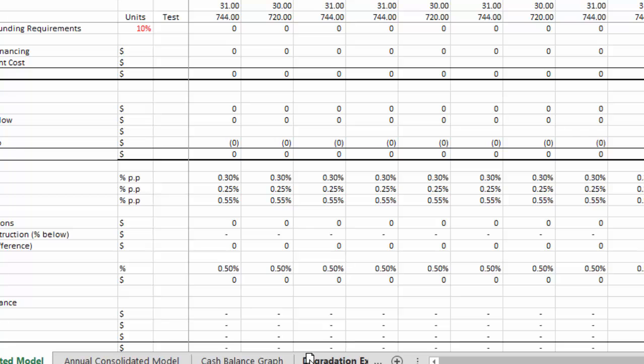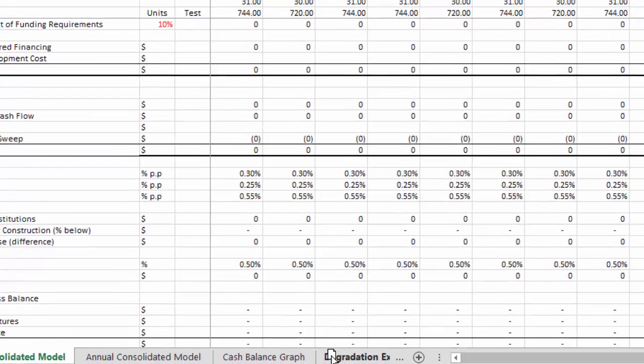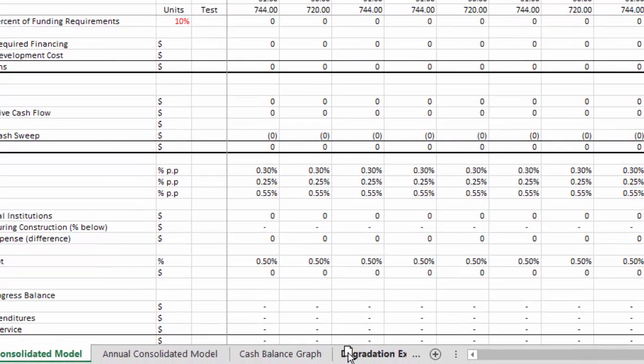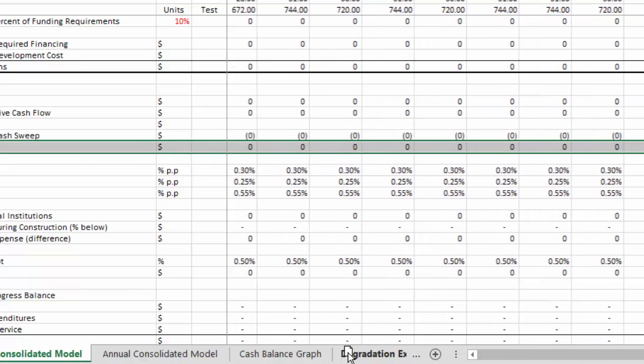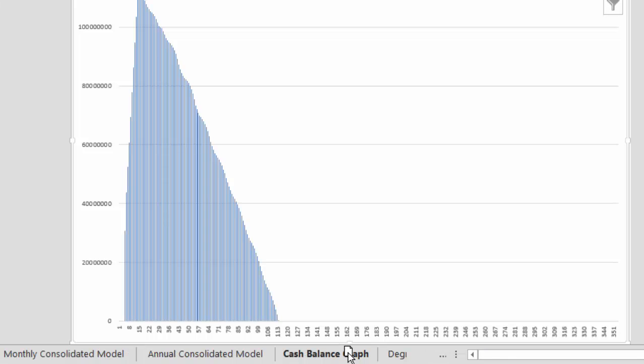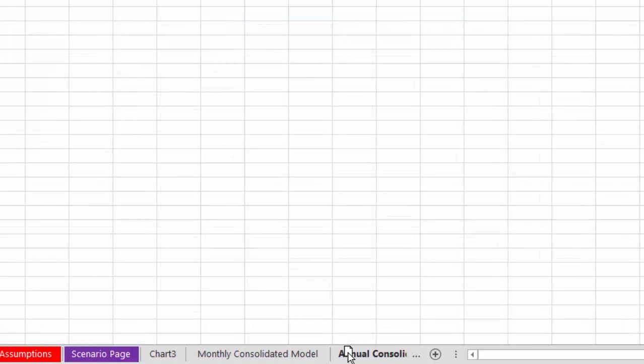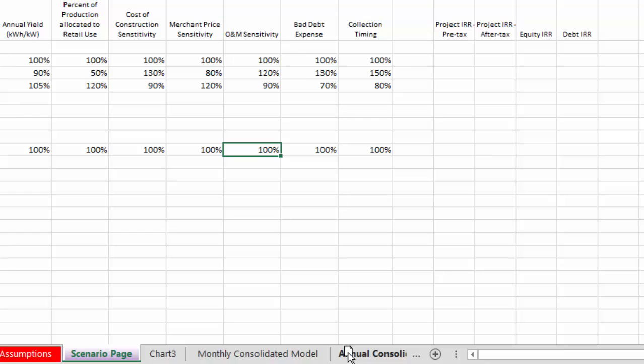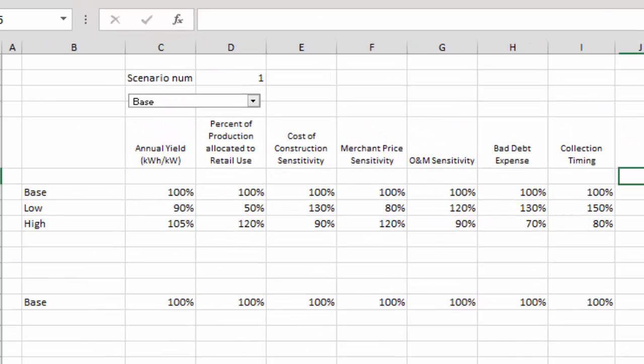So let's call this closing debt balance. And then the real question is what happens in these scenarios to our debt balance and our cash balance and our returns and everything else.